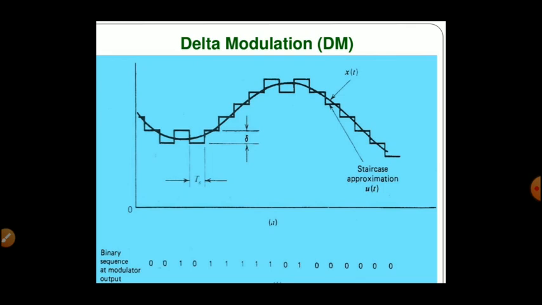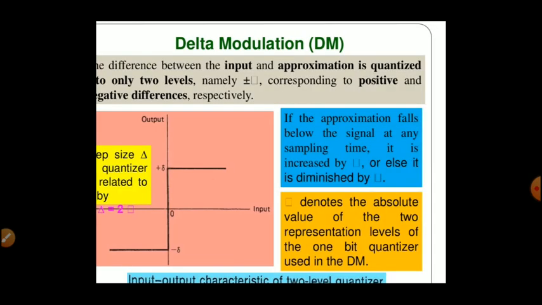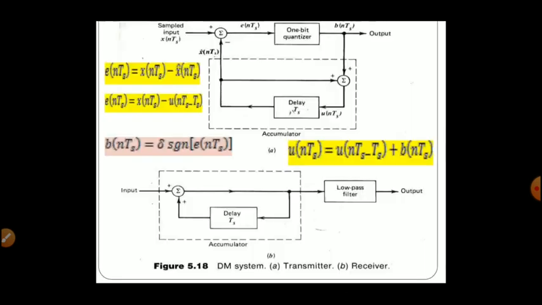The binary sequence, then the staircase approximation, is shown in the figure. In delta modulation, the difference between input and approximation is quantized into only two levels, namely plus or minus, corresponding to positive and negative differences respectively. The figure shows the delta modulation system, transmitter and receiver.